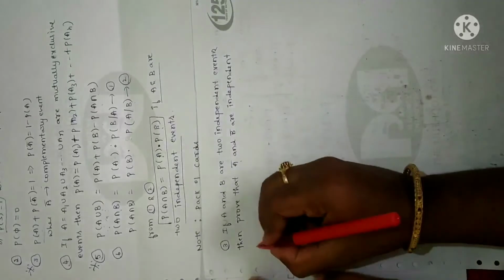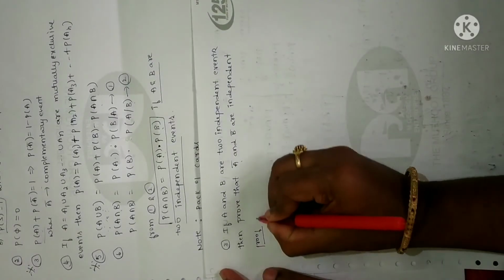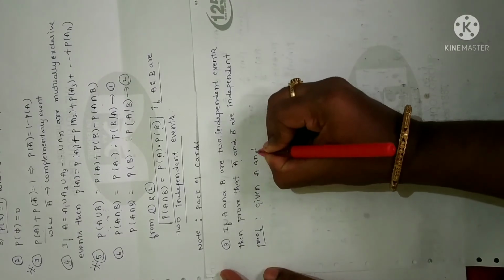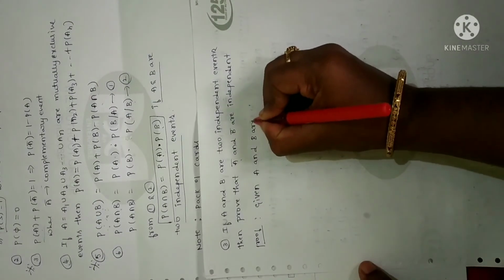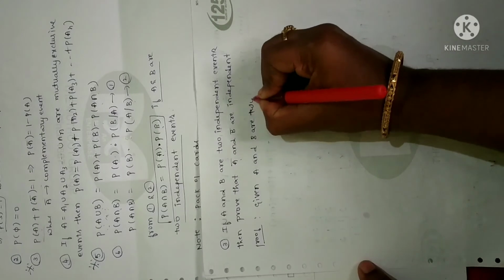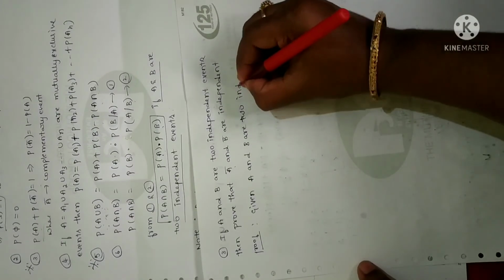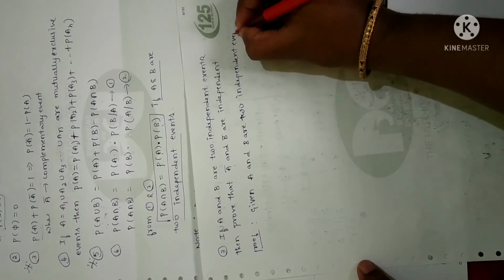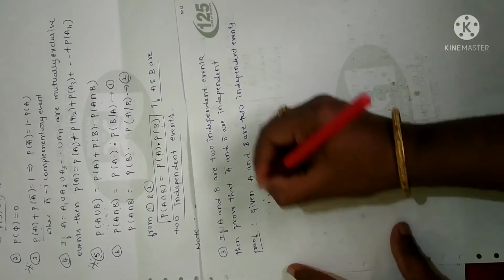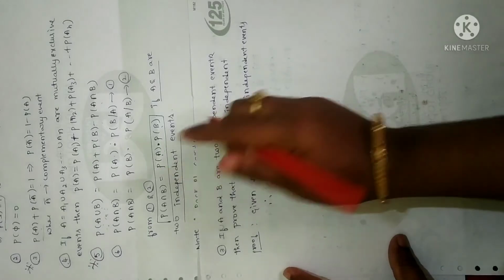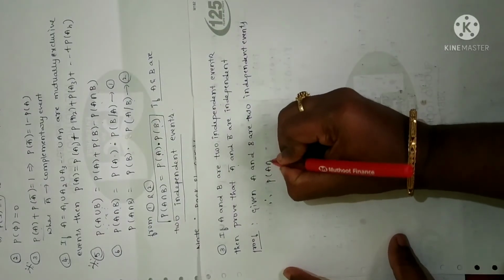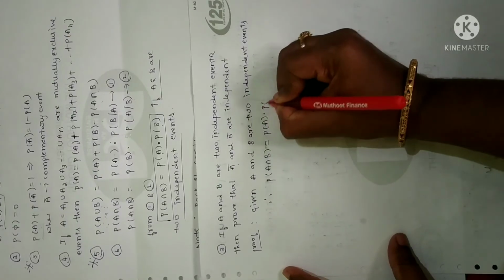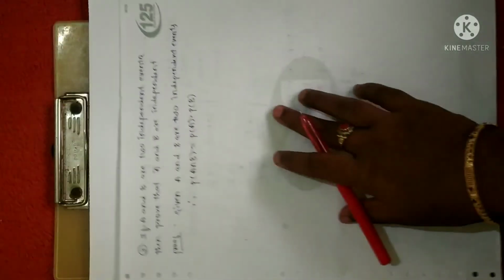See here, proof. Given A and B are two independent events. Therefore, as I just told you, if A and B are two independent events, we can write probability of A intersection B is equal to probability of A into probability of B. Fine.